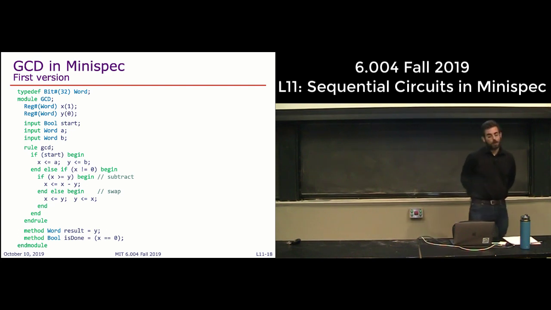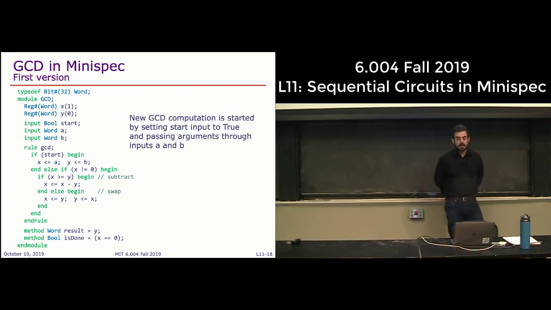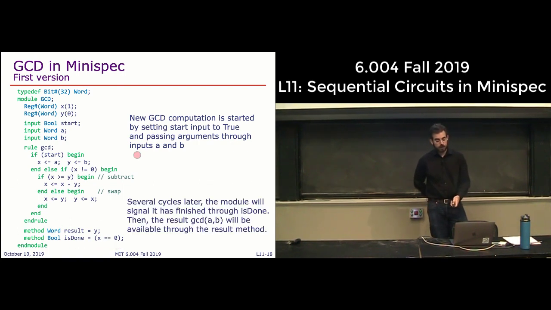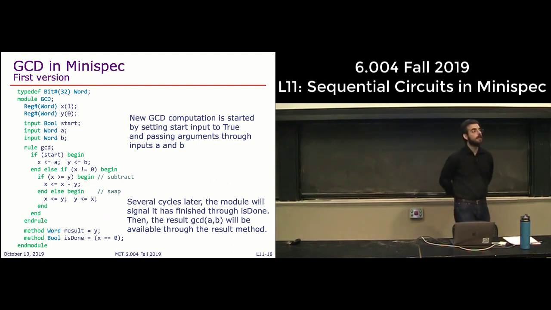The way this module works is whoever's using it sets all these three inputs in some particular cycle: sets start to true, sets A, sets B. Then this module starts computing the GCD over multiple cycles, and when it's done, it will set isDone to true, and then it will give you the GCD of A and B in the output.